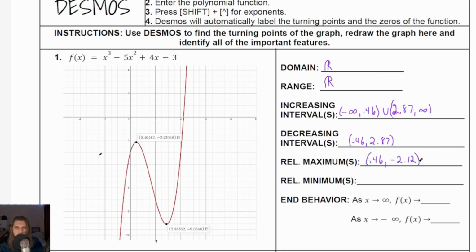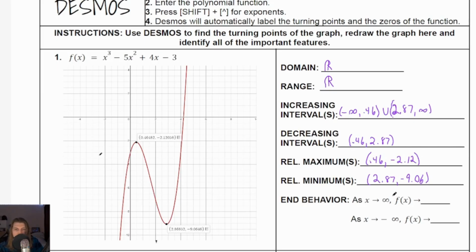So that's our maximum because it's at the top of the curve, and our relative minimum is (2.87, negative 9.06). So those are our turning points for the graph.